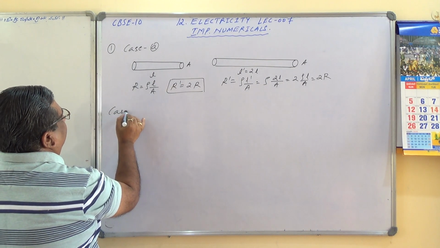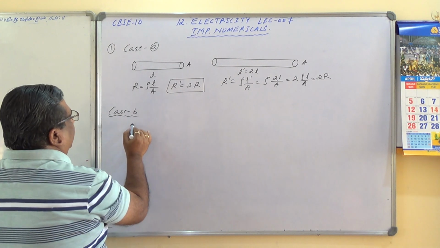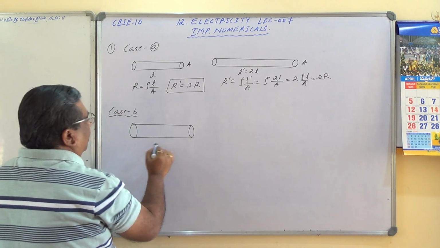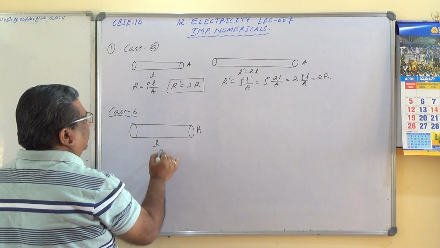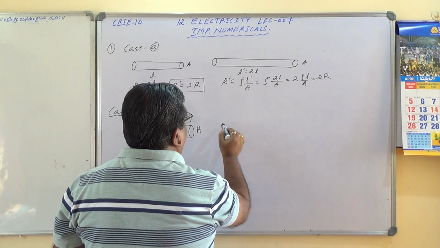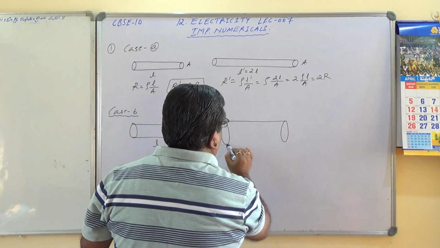Case B, let me consider one conductor of cross section area A and length L. Let us increase the cross section area here. Let the length remain same, but cross section area will increase.